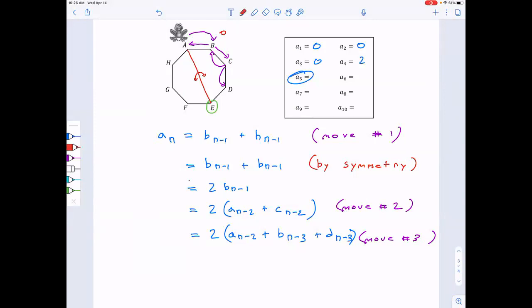If we look at this equality, maybe if I call that equality star, and we think about writing the equality out that we just wrote as twice A sub n minus 2 plus twice B sub n minus 3 plus twice D sub n minus 3.